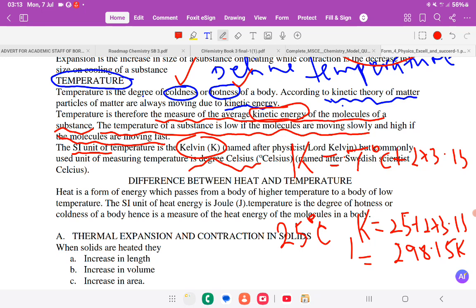Just to remind yourself about these conversions from Form 3 physics.